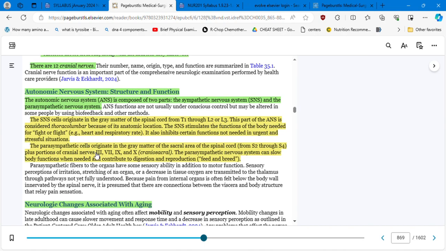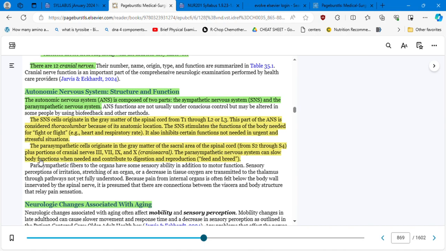The parasympathetic cells originate in the gray matter of the sacral area of the spinal cord from sacral 2 to sacral 4, plus portions of cranial nerves 3, 5, 9, and 10, the craniosacral. That's why I told you that you need to double check in depth what the functions of cranial nerves 3, 7, 9, and 10 are in relation to the parasympathetic.